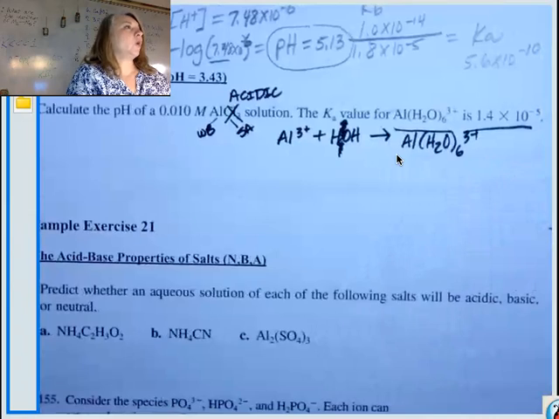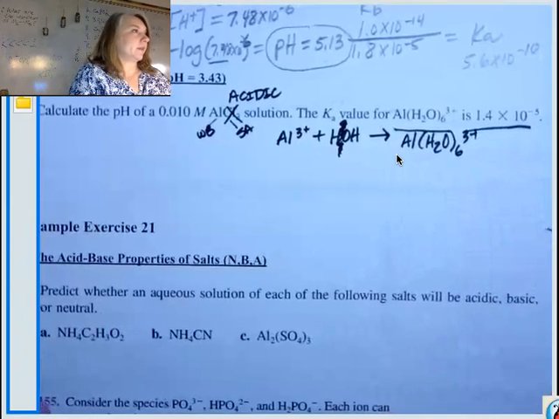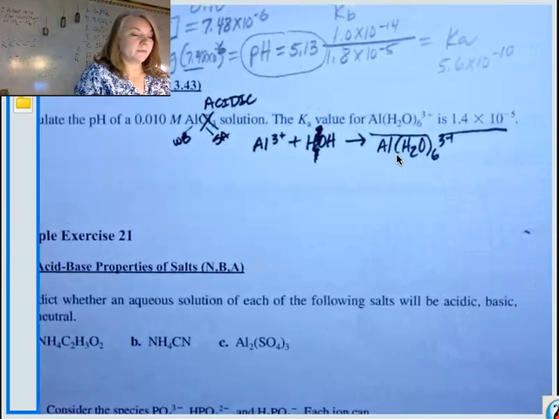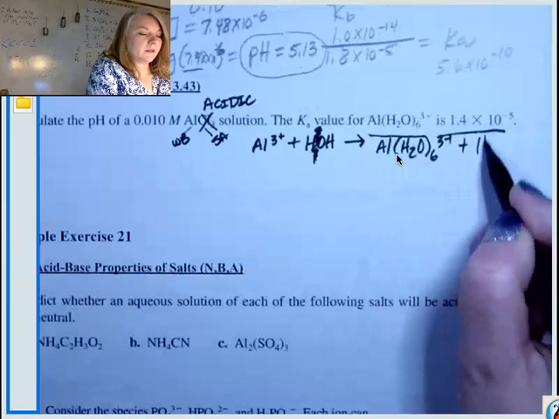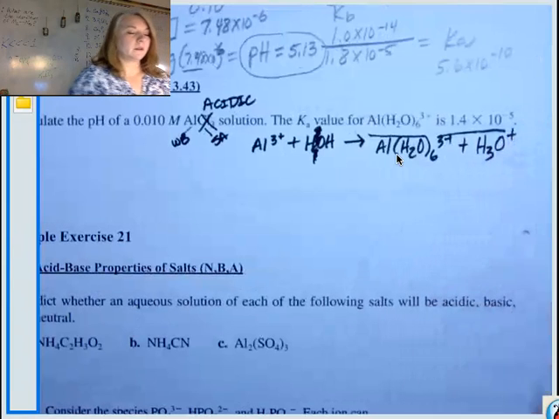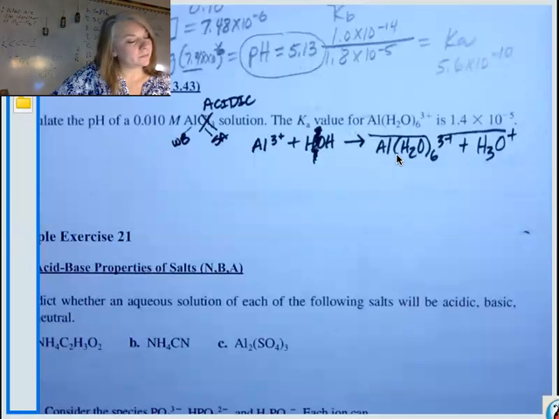So they went ahead and told you this is the species you're forming. You're forming this. Why didn't you lose the hydrogen?